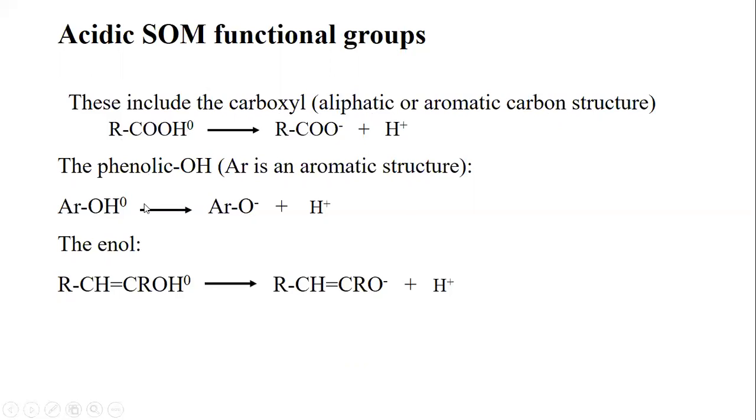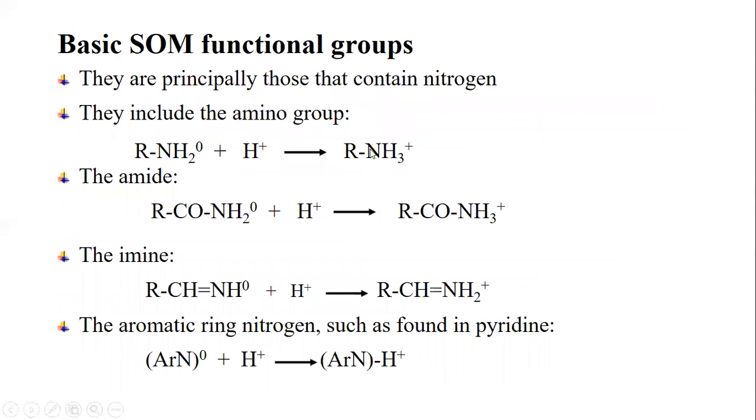Phenolic means it's connected to a ring, a benzene ring, while the aliphatic one is connected to a chain. Again, it loses its proton and becomes negative. Then the enol. Again, look back at how the enols work, and the same thing happens. It loses its proton and gives you a negative charge.